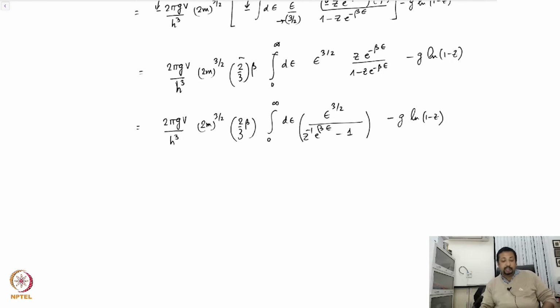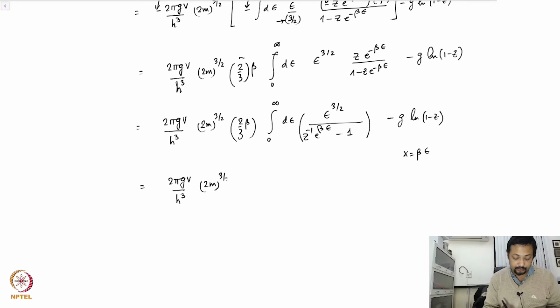I can also be a little bit more smart. I can substitute x equal to beta epsilon and I can rewrite this expression as twice m raised to the power 3/2, 2 by 3 beta.